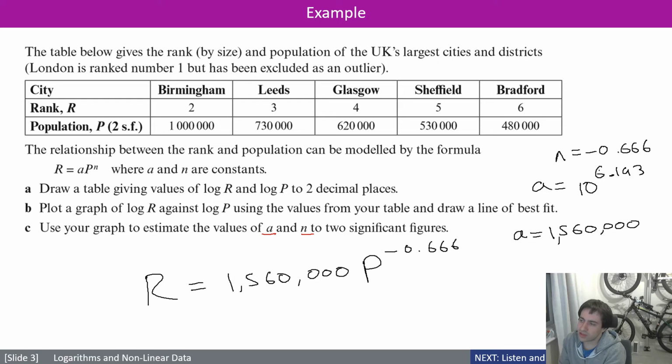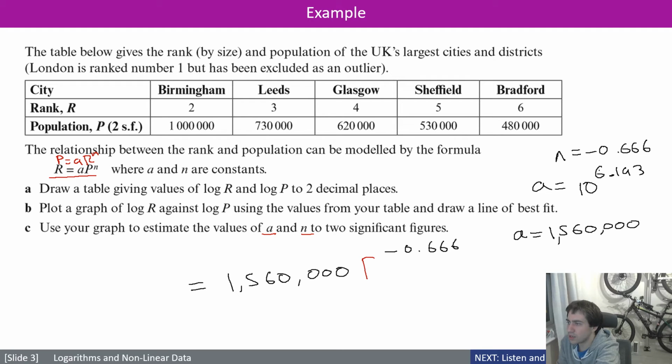I've just noticed one small error, I think. In my copy of the textbook, this says P equals a R to the n, and this image here, which is from a digital version, it's the other way around. So one of them is wrong. What makes sense? Yeah, this P and R should be the other way around.